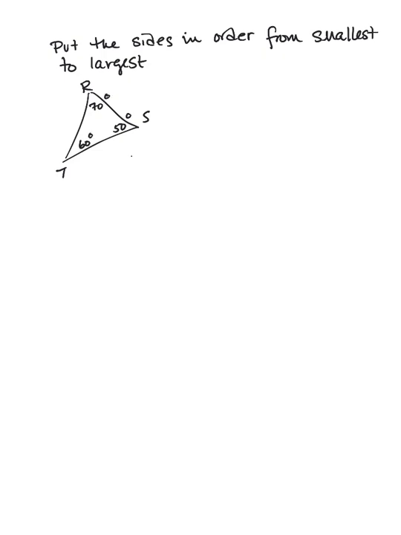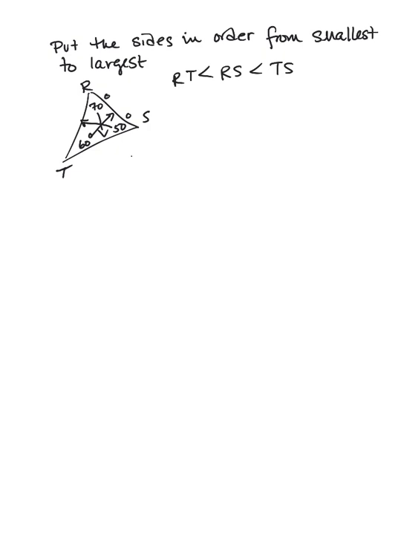So I want to start with the smallest side. So the smallest side would be across from the smallest angle, which would be RT. The middle-sized side would be across from the middle-sized angle, so that would be RS. And then the largest side would be across from the largest angle, TS.